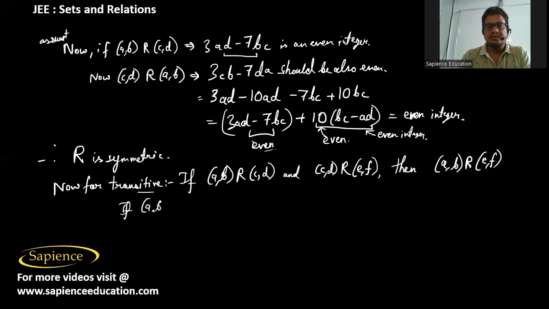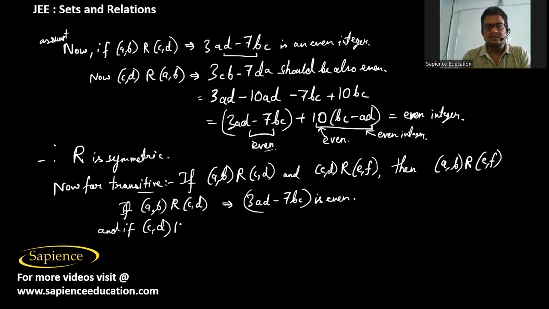So if (a, b) is related to (c, d), it means that 3ad minus 7bc is an even integer. And also if (c, d) is related to (e, f), then it also implies that 3cf minus 7de is also an even integer.